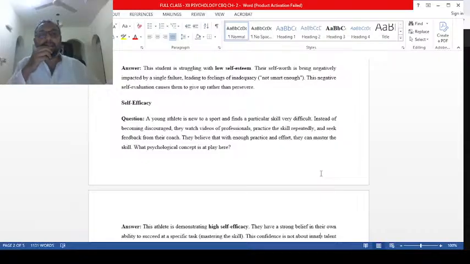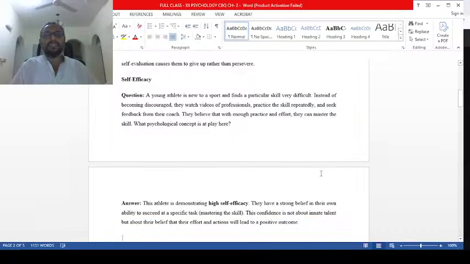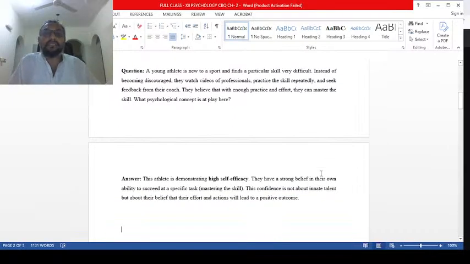A young athlete is new to sports and finds a particular skill very difficult. Instead of becoming discouraged, they watch videos of professionals practice the skill repeatedly and seek feedback from their coach. In this context, the answer is that the athlete is demonstrating high self-efficacy because he is going for practice.